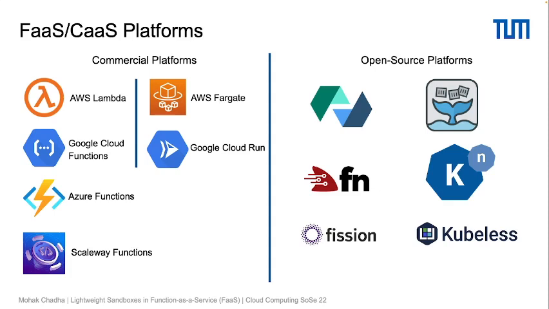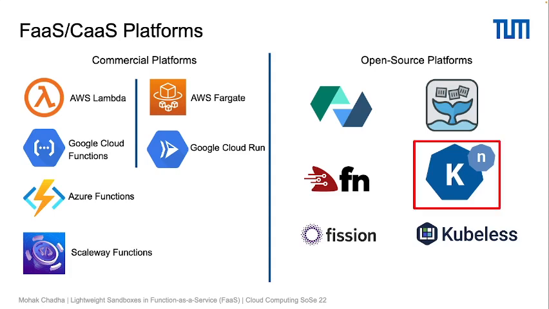And Knative, which is, I think, one of the most popular ones, and is currently used in both Google Cloud Functions and Google Cloud Run. And we have the Fission project, which is also a Kubernetes-native open source serverless platform. And Kubeless was started by VMware, but it's actually deprecated now, so they don't want to pursue it anymore.